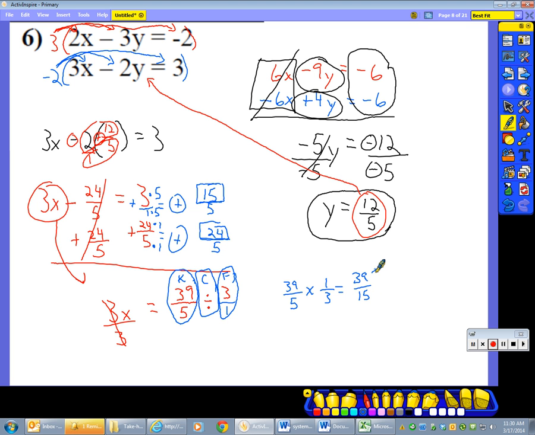This can be simplified. I can divide both the numerator and denominator by 3. 3 will go into 3 one time, 3 will go into 9 3 times, 3 will go into 15 5 times, and so I'm left with x equals 13 over 5. So there we go. I've got x equals 13 over 5 and y equals 12 over 5. Those are my 2 answers.